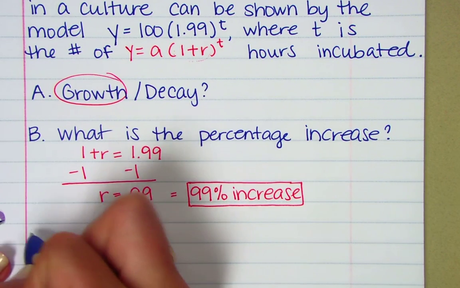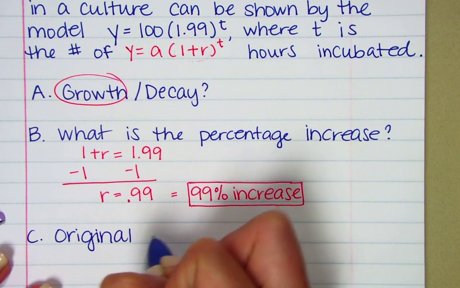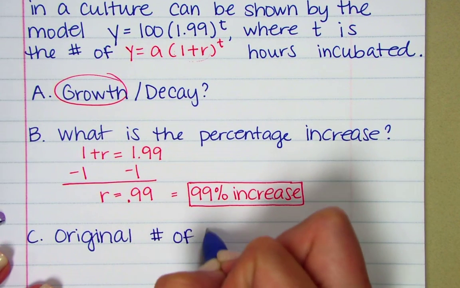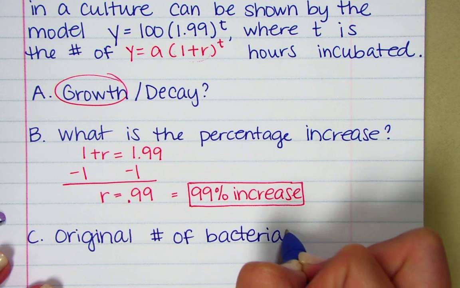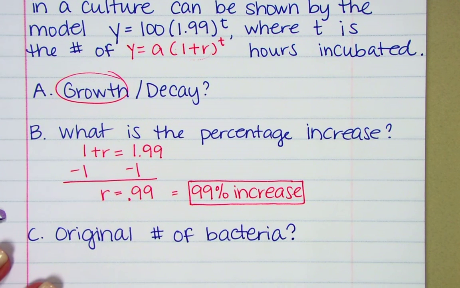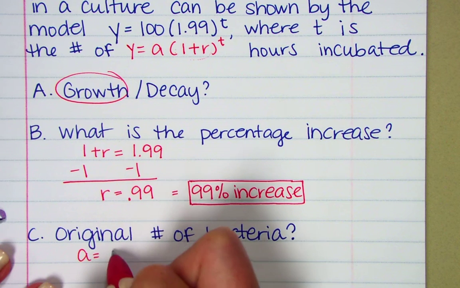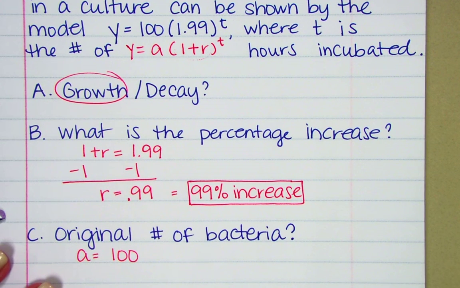All right, C, original number of bacteria. What letter is that in the problem? A, right? Is it 100? Yeah. Read the whole problem again and double check.